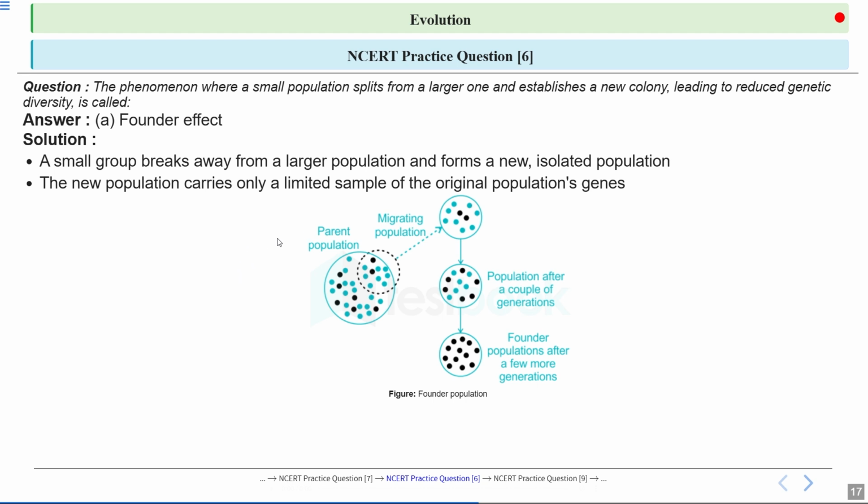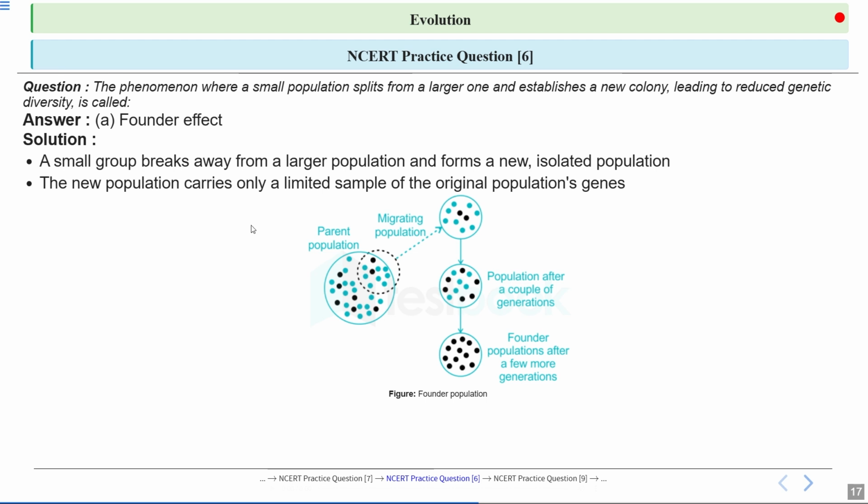So this is the migrating population, and then this is a population after a couple of generations, and in the end you have the founder population after a few more generations. So in the founder population, the allele frequency is different from the original parent population.